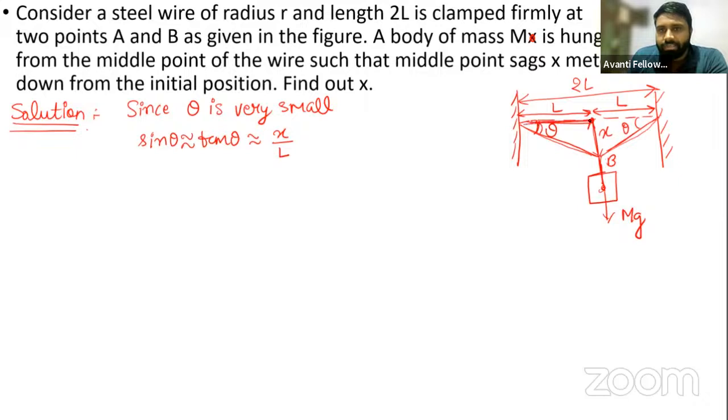Tan theta would be perpendicular over base. Perpendicular is x and base is L. So tan theta we have here is x upon L, which you can equate to sine theta because theta is very small.